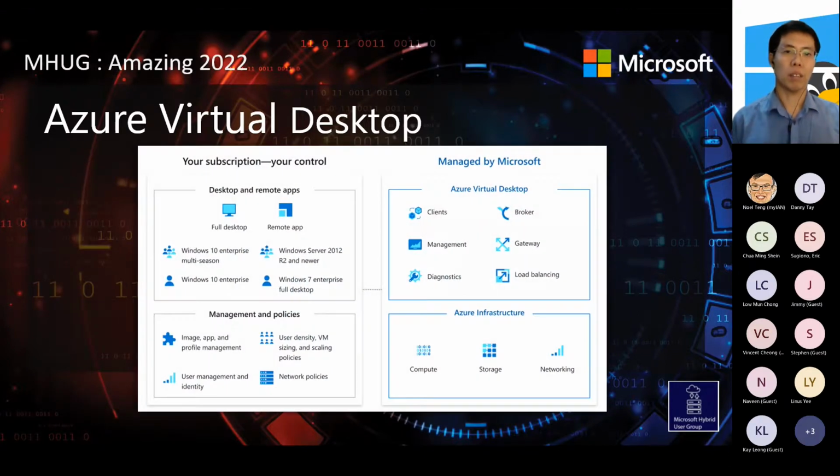And this is also the architecture view for this Azure Virtual Desktop, where as the subscriber, the Azure subscription owner, there is infrastructure and objects that are owned, controlled and managed by us, and those objects that are managed by Microsoft, like the client, the broker, the gateway, the networking, the storage and compute, and so on. So this is the architecture that is built for Azure Virtual Desktop.